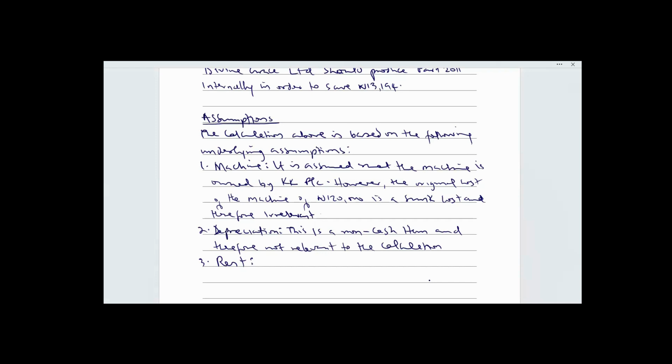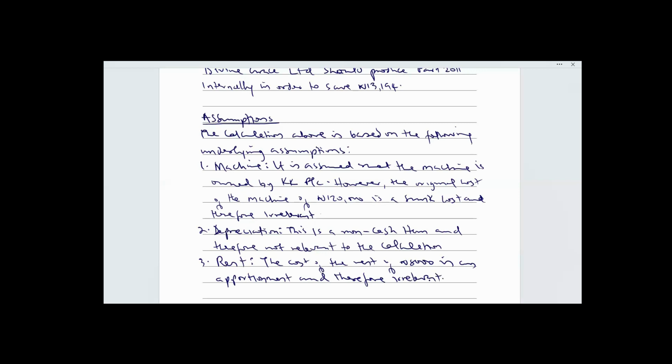So the cost of the rent of 8,000 naira is an apportionment and therefore irrelevant.